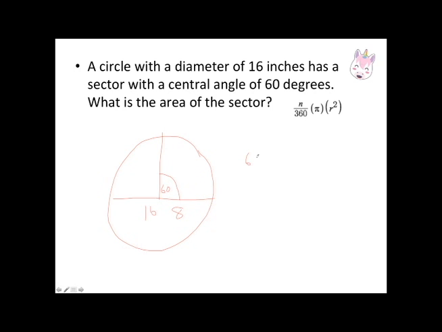Now let's plug that in with our equation in order to get 60 over 360 times pi times r squared, which is 8 squared, which is 8 times 8, which equals 64. And when we multiply all that out, we get 33.5 inches squared.